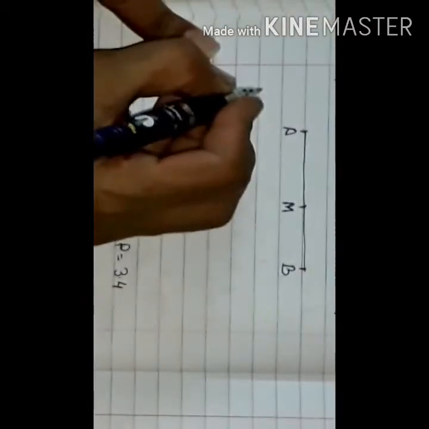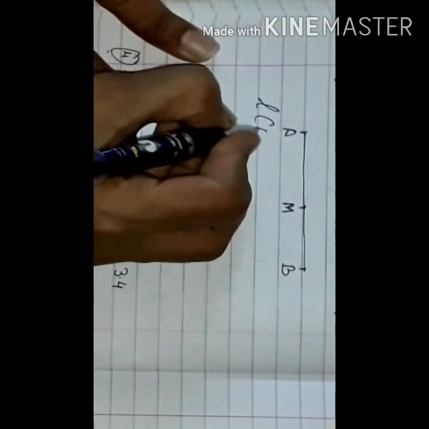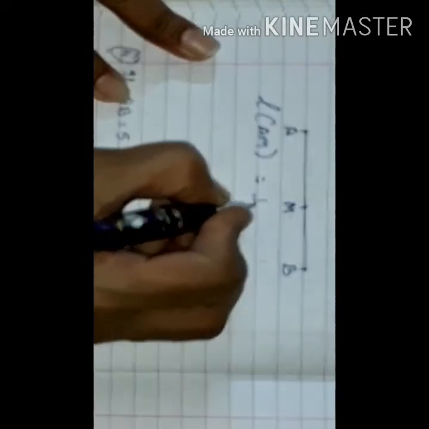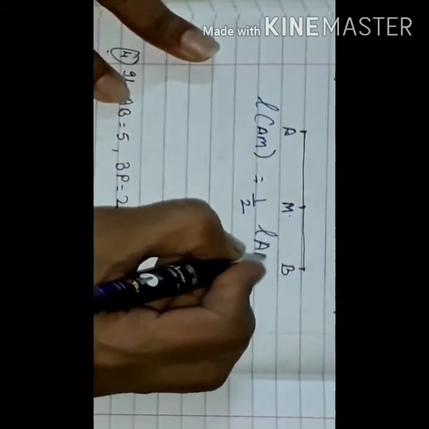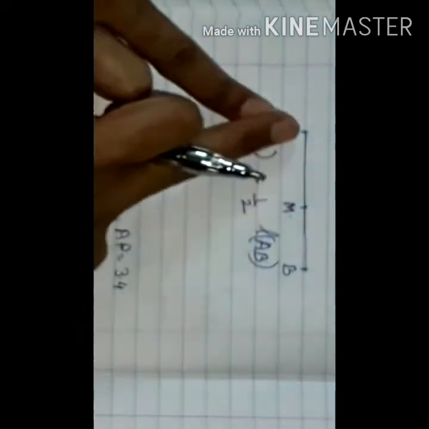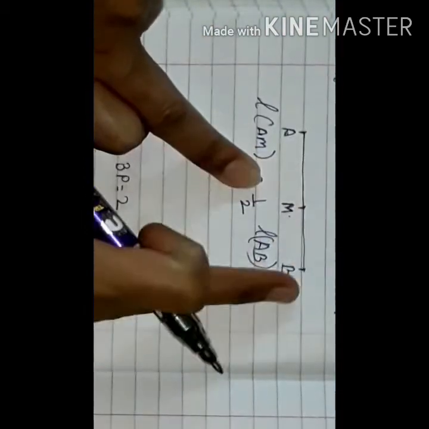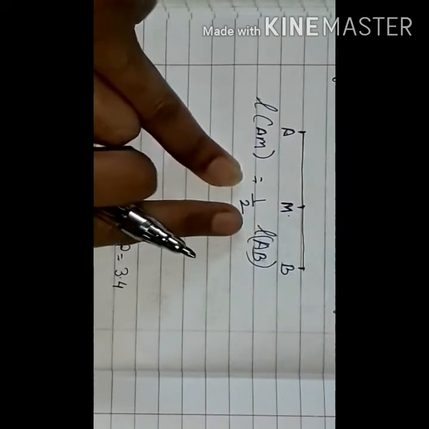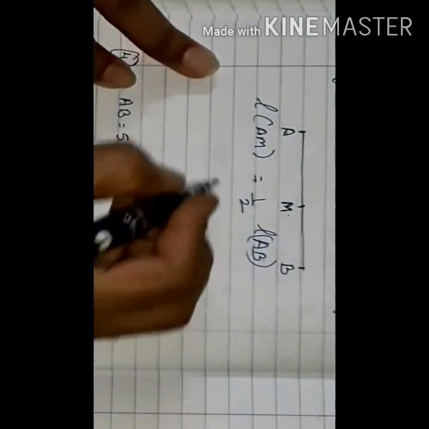Therefore, how are you going to write it? Suppose length of AM is equal to half the length of AB. Orally we did it. Now practically we have to write it and show. So half.